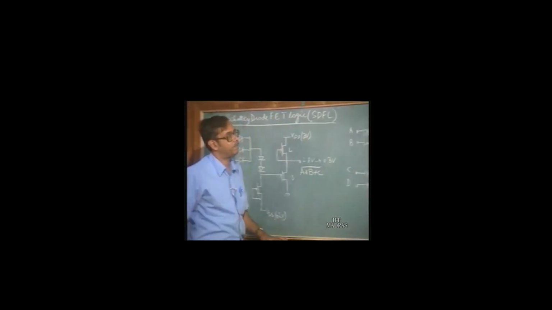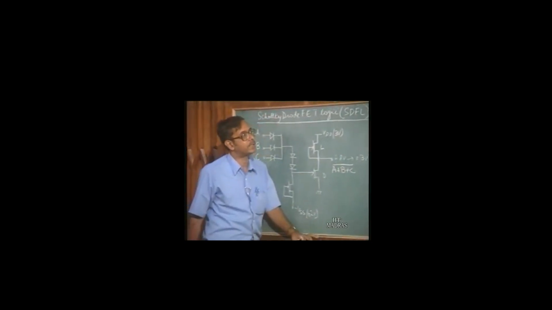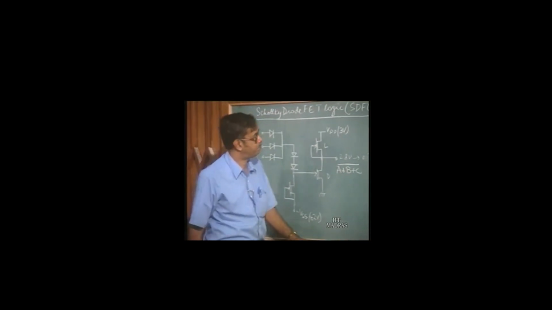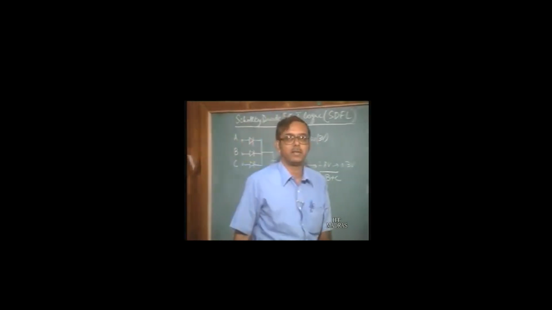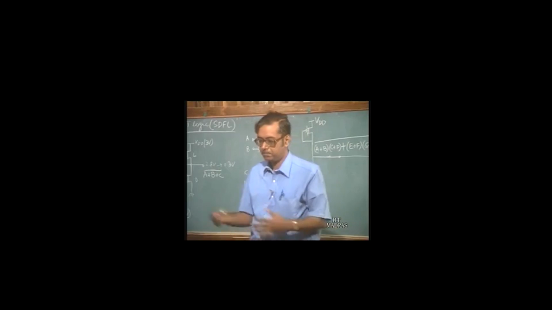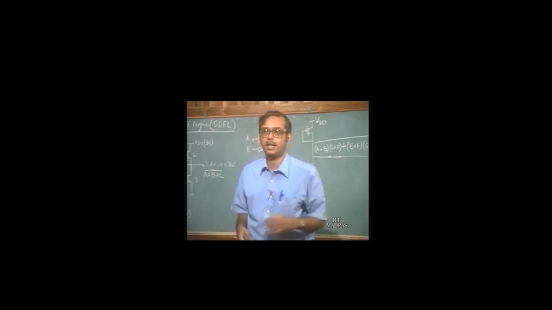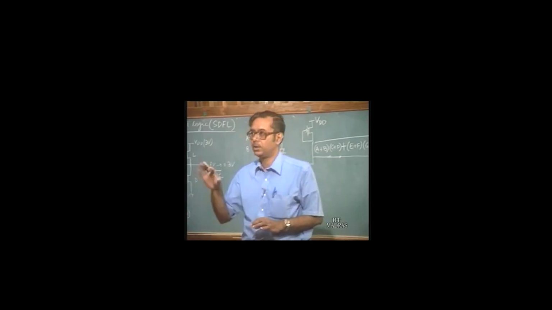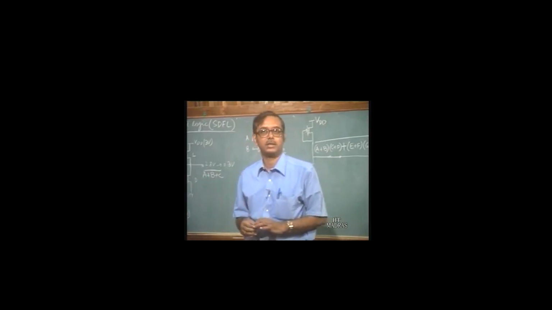So in today's class we have discussed two logic families using depletion mode transistors. In last class we had discussed two logic families which use a combination of depletion mode and enhancement mode transistors.